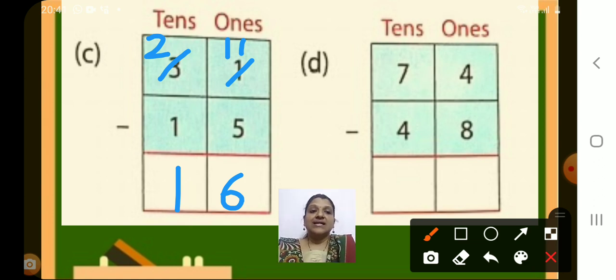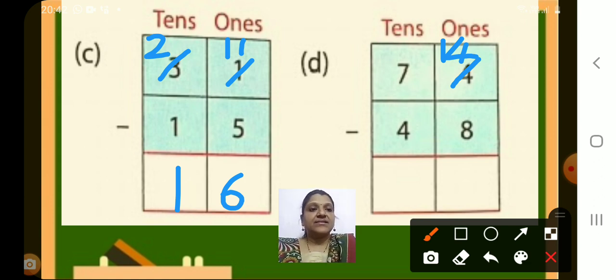Next, 74 minus 48. Again, in ones place, 8 is bigger than 4. Hence, by borrowing 10, we have to strike off 4 and write number 14 above it. Now, how much is 14 minus 8?